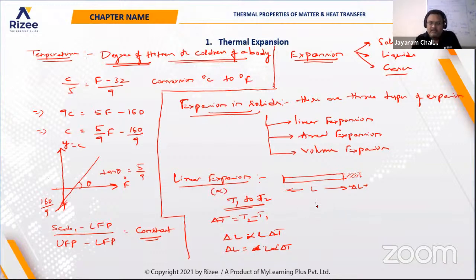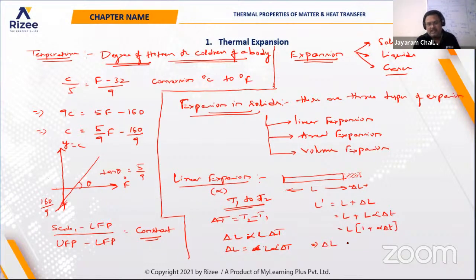So the new length, L final or L2 or L dash, is equal to L plus delta L, which is L plus L alpha delta T, or you can write it as L of 1 plus alpha into delta T. From this relation, you can find the different situations.